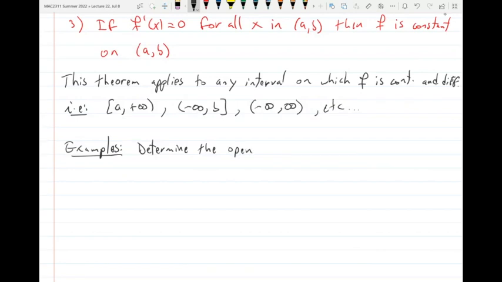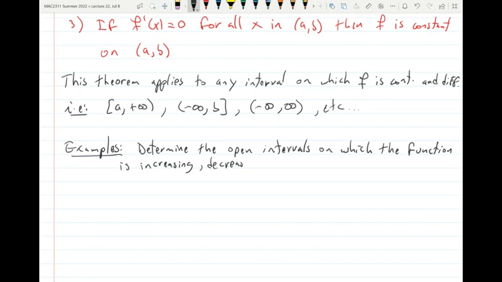Determine the open intervals on which the function is increasing, decreasing, or constant, the monotony, and give the answer using interval notation.